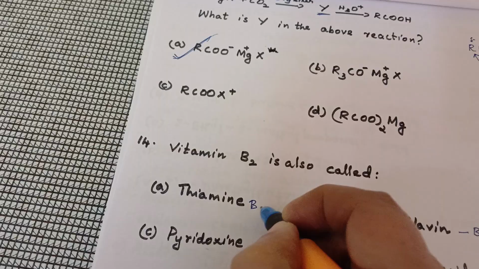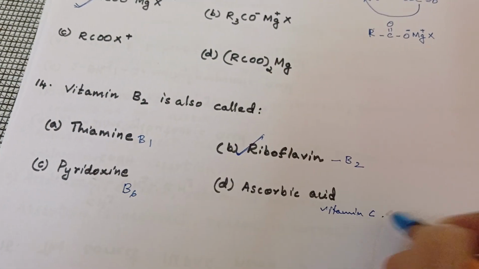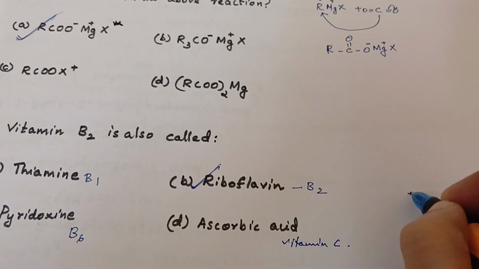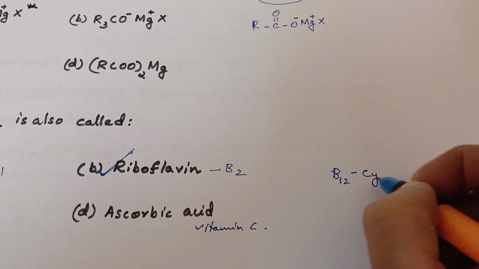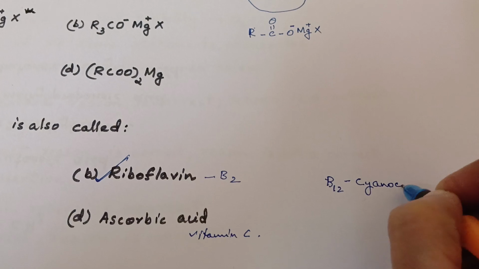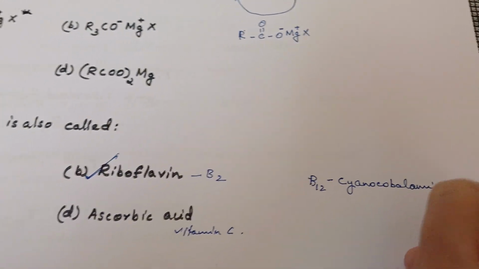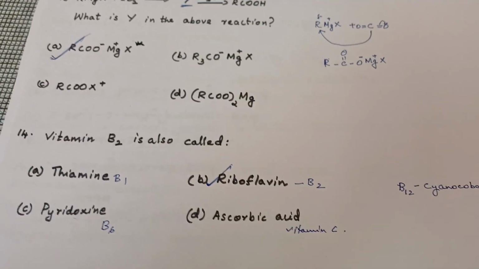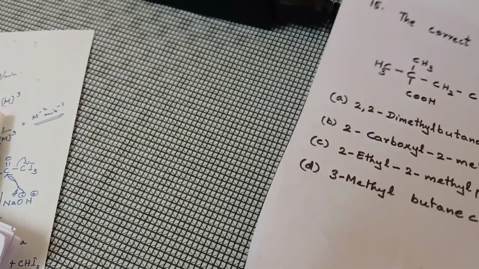Thiamine is B1. And this is vitamin C. And another vitamin, that is B12, is there, and that is called cyanocobalamin. So that is it.